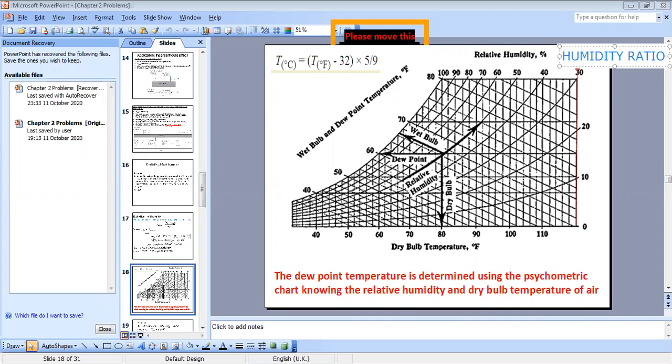Not the volume of water in the air or something like this. Yeah, it is the mass of water vapor in the air divided by the mass of dry air.